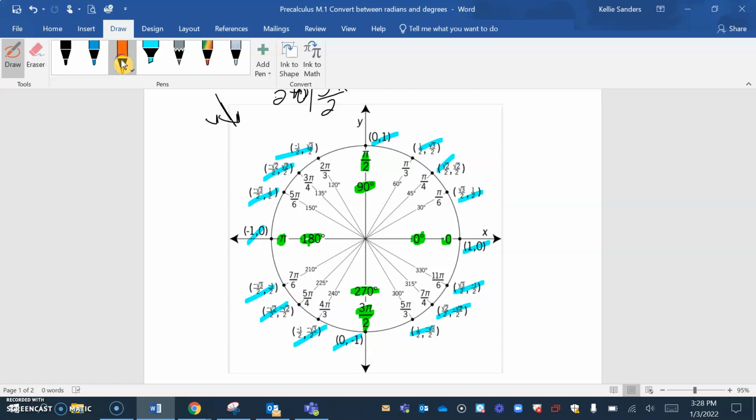All we are going to be looking at is this. See that 45 is pi over 4, 30 is pi over 6, 60 is pi over 3, and so on, and so on, and so on. And I'm going to show you how we're going to get those answers. But you have this in front of you, so you can use it to the best of your ability.